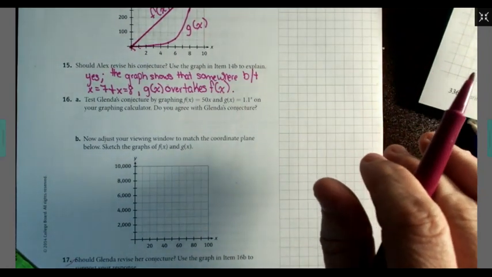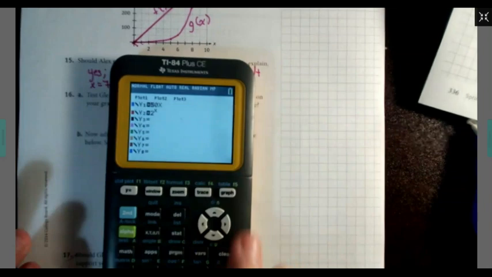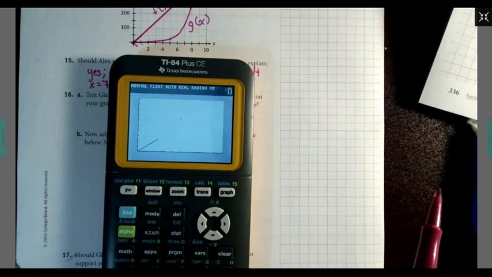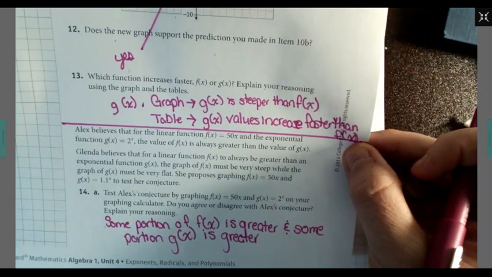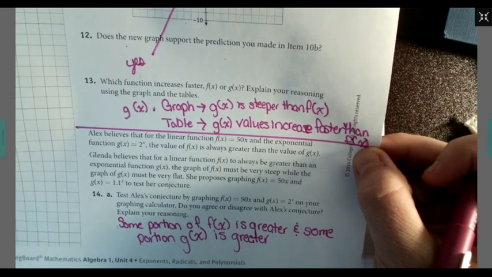Test Glinda's conjecture by graphing f of x equals 50x and g of x equals 1.1 to the x on your graphing calculator, and do you agree with Glinda? So we're going to change this to say 1.1 to the x. Now Glinda says the linear function is always greater than the exponential.